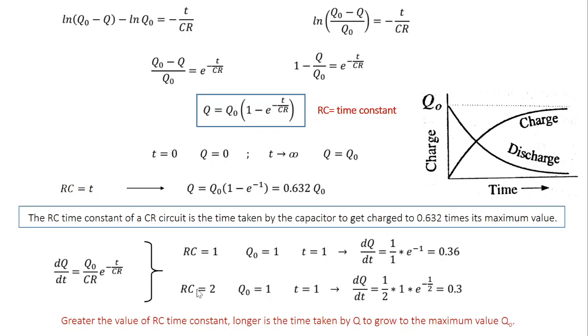So when the RC time constant increases, the rate of growth of charge decreases. In other words, the greater the value of the RC time constant, the longer is the time taken by the charge to grow to the maximum value q0, similar to the case of the current growth in an LR circuit.